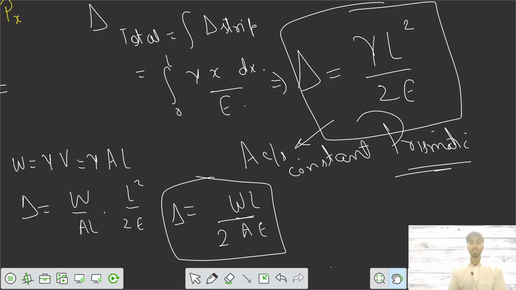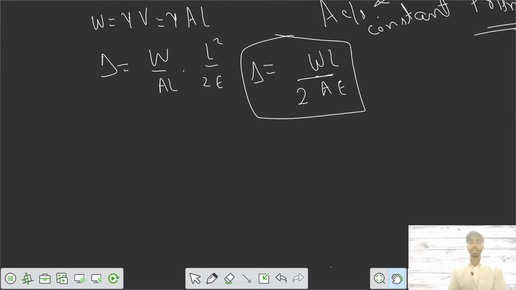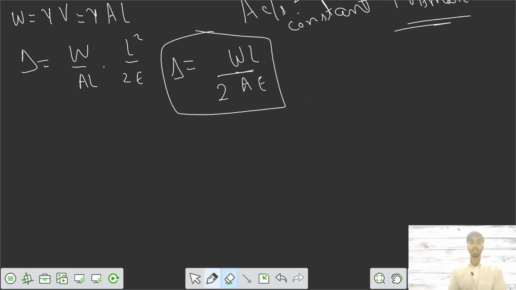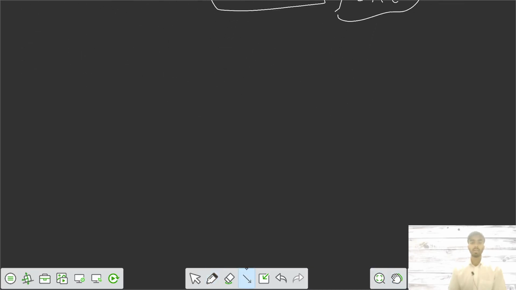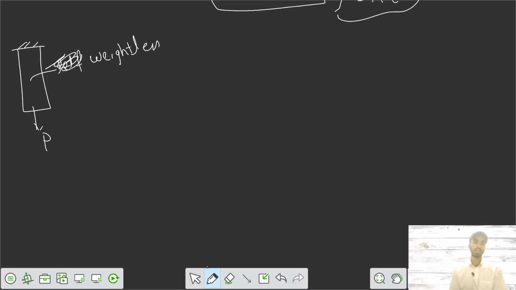Can you see the difference between the bar that was weightless and force P was applied? Say the weight of the body is P, then it is PL by 2AE. We know already that if P load was applied and self weight was not there, we say it is weightless, the deformation was PL upon AE.